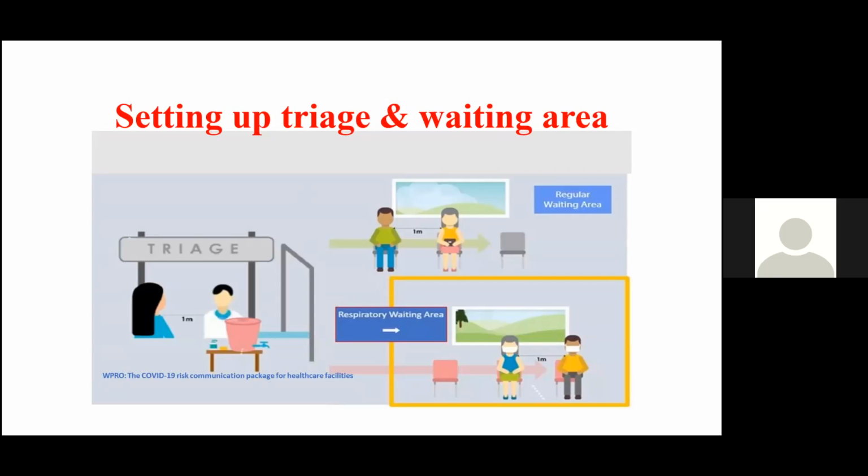Okay, as we tried to draw how the triage has to be set, there is an area where someone does screening of the patient. At that triage area, there has to be at least 1 meter between the one doing triage and the patient. When someone has respiratory symptoms, it's better to have their own way because they are suspects, as we are in a period of COVID.